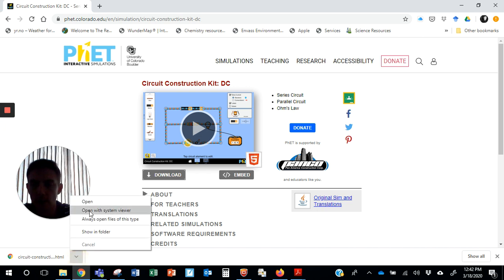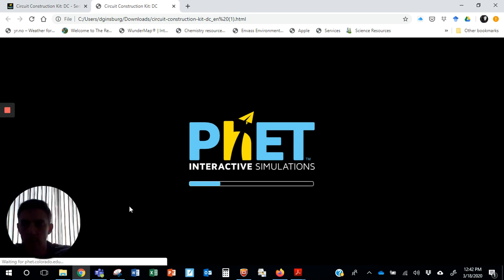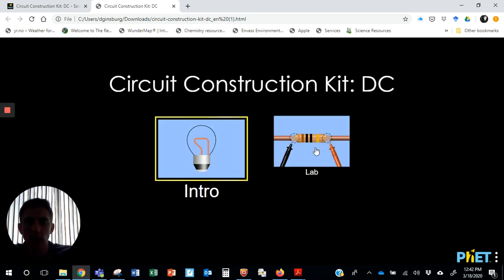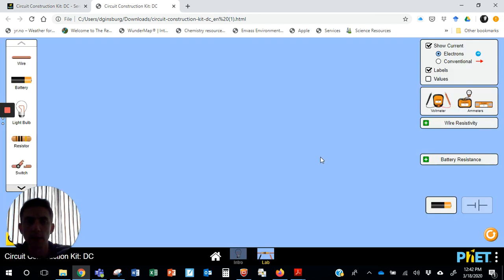Once it's downloaded, you open it. Then you're going to click on lab. Double click on lab. This allows you to build online electric circuits.